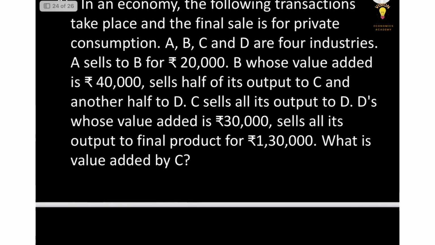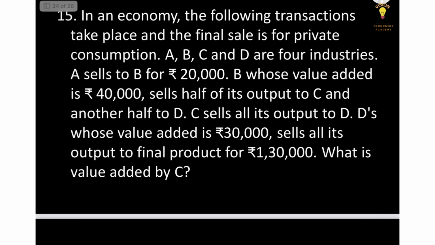All right, now let's continue with question number 15. Now for question number 15, you have to be very attentive while solving this question because it has lots of details, and it can be confusing at times, right?